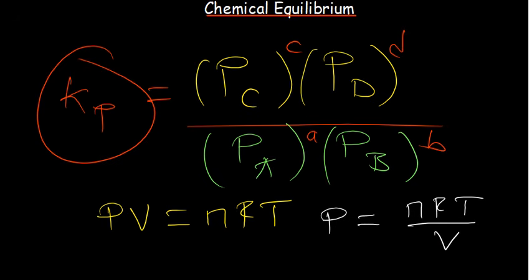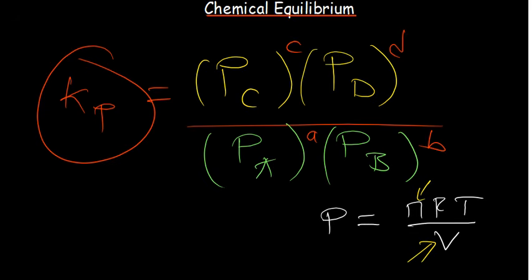Now you have n denoting the number of moles, and then you have your volume. So when you divide the number of moles by volume, it gives you a concentration. So our formula now becomes pressure is equal to, let's say, concentration of something A multiplied by RT.